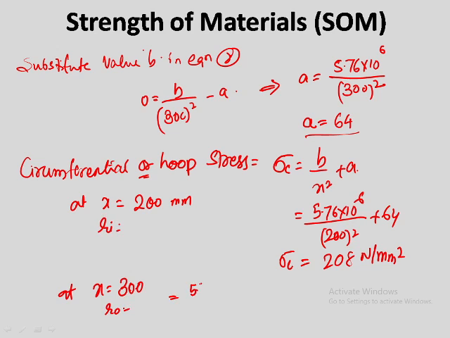So 5.76 into 10 to the power of 6 divided by 300 square plus 64.